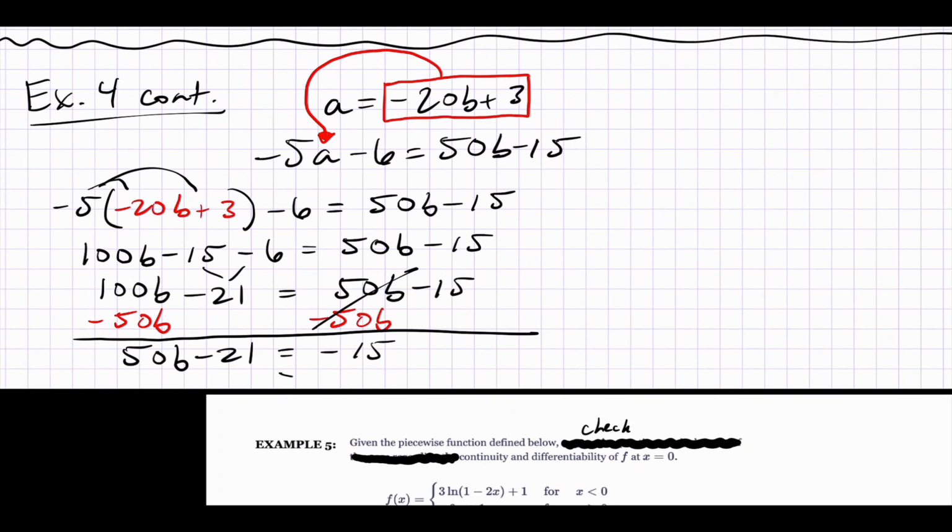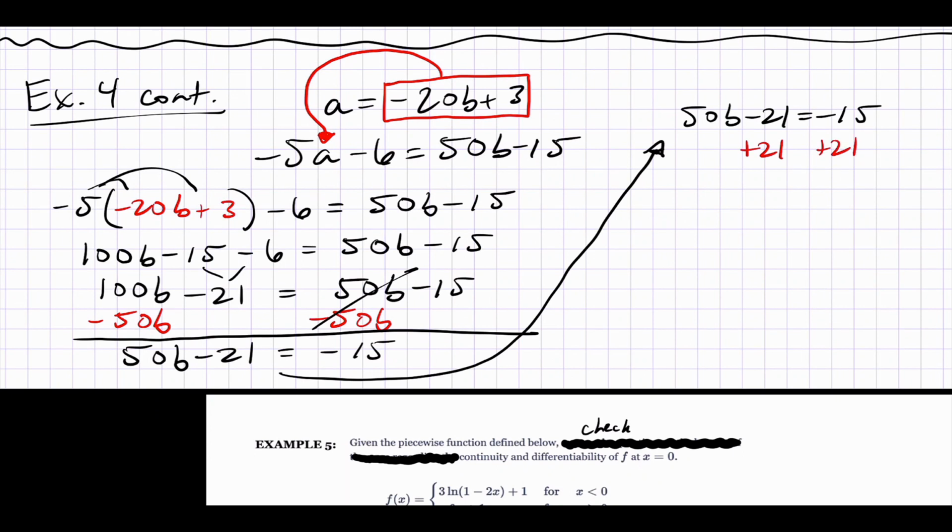Okay, so let me move this guy over here. Solve for B. Add 21 to both sides. 50B equals 6. Divide both sides by 50. I get a fraction, 6 over 50, which reduces to 3/25.